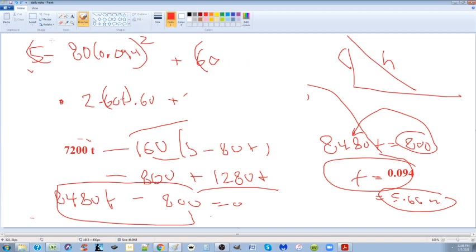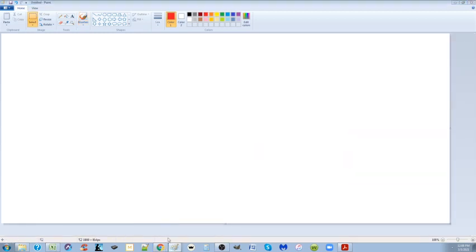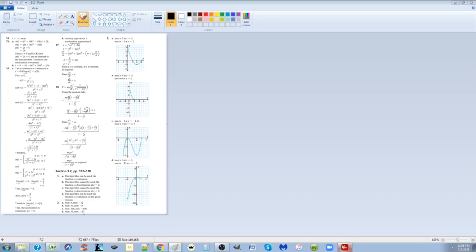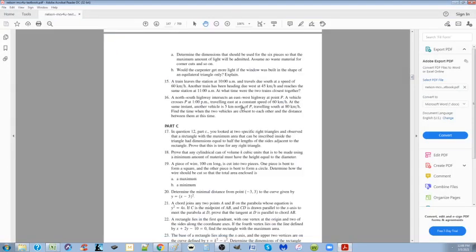Oh, careful. The whole thing has to be squared. So 60 times 0.094 squared. And then you have to square root the whole thing to find his distance. So is that what they're asking? Are they asking distance or time? It depends what they're asking. They are asking, find the time. So that's the time.